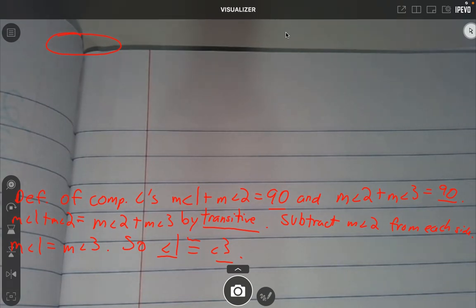Number 8. Number 9. One of them just got a little out of order. Number 11. Number 12. 13. 15. 19.